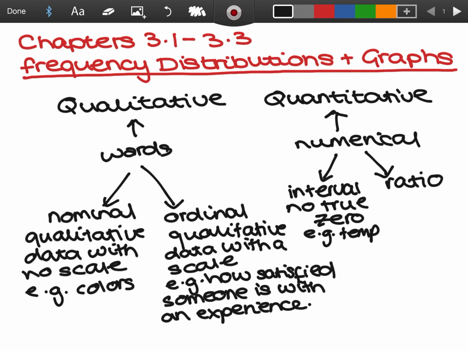The other way that they also describe this with temperature is to say that you can't have multiplication and division within that particular data. For example, if you look at 10 degrees and 20 degrees, 20 degrees is not twice as warm as 10 degrees, because there is no true 0 in temperature.